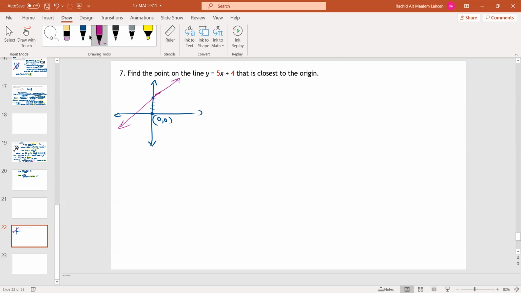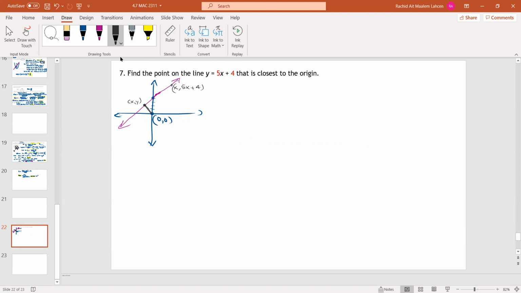Something like this. And so the distance between this origin and this line could be something like this. So maybe this is the point we're looking for, x and y, and any point on the line is x, and the y is 5x plus 4.